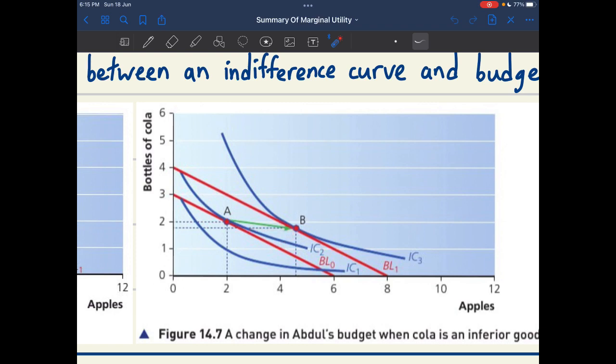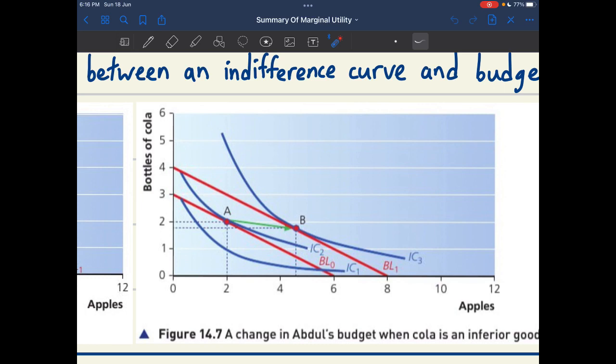So instead of consuming 2 bottles of cola, it's now maybe 1.8 bottles of cola and probably about 4.7 apples in this context. So let's say the indifference curve is now a bit higher, like probably at this position. When it's at this position, you'll be able to consume more cola, but then you'll consume less apples. But then at the same time, this will be under the condition that cola is not an inferior good.